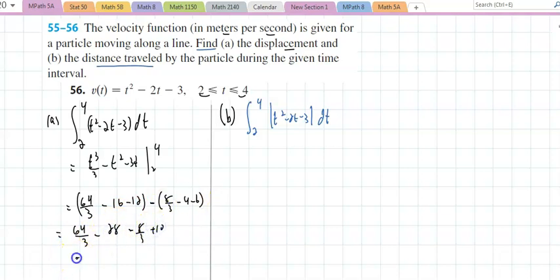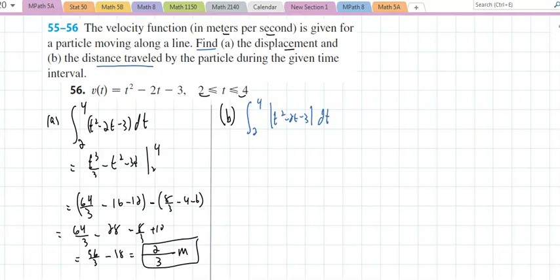So altogether, we're talking about 64 minus 8, that's 56 over 3, minus 18. So altogether over 3, that is 3 times 18, which is 54. 56 minus 54, 2/3 of a meter. About 0.6 meters, less than a meter away.